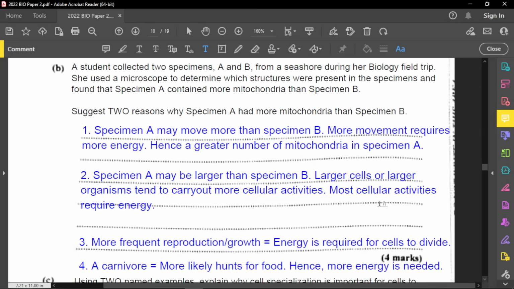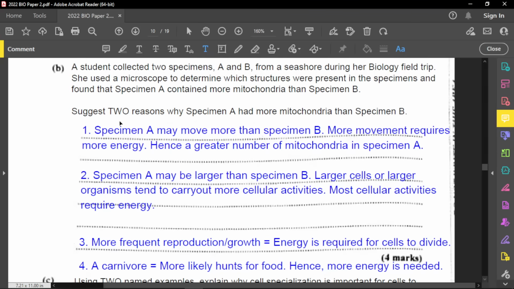Again, state and explain is very important. So if you state two reasons and explain them, then that accounts for your 4 marks, right? But I list 4 here and explain them, so this is a total of 8 marks. But again, you list 2 and explain them as they actually say 2 reasons. Again, use your marks to gauge your answers.